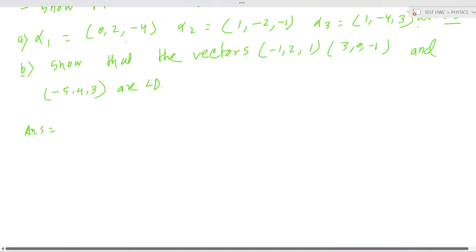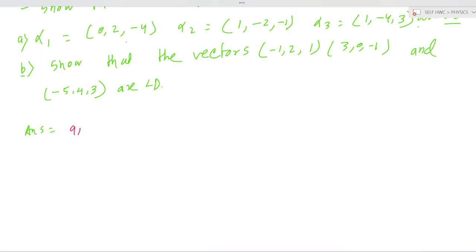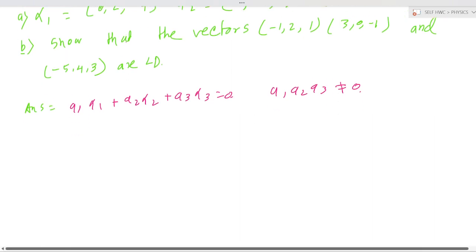So in this question, the vectors are linearly dependent if we can find a relation a1 alpha 1 plus a2 alpha 2 plus a3 alpha 3 is equal to 0, where a1, a2 and a3 are not all 0.